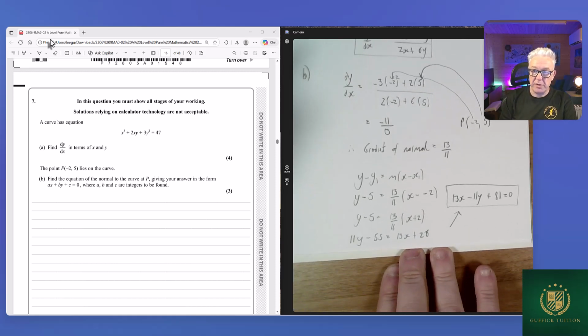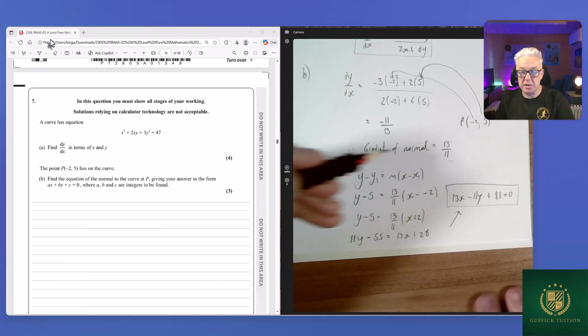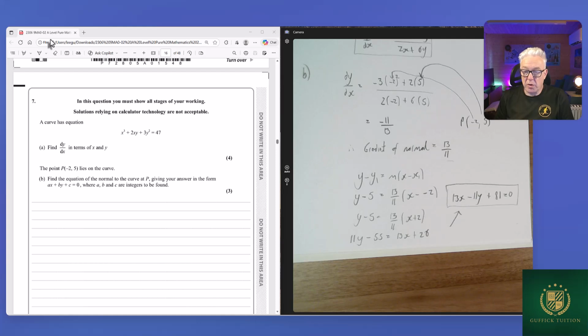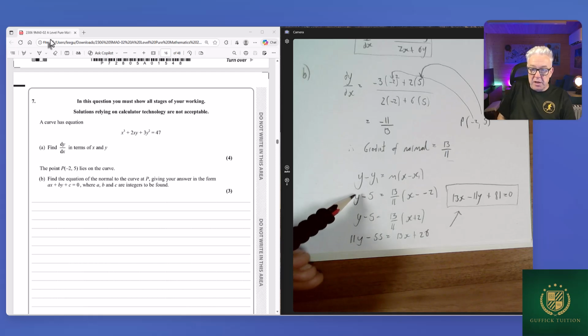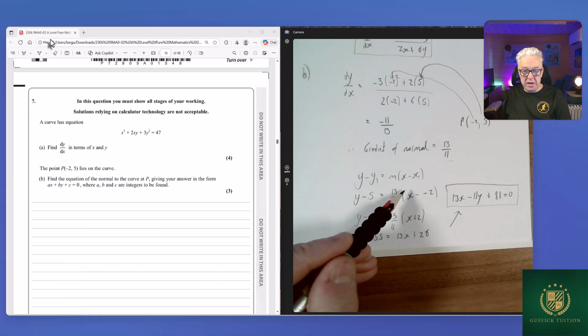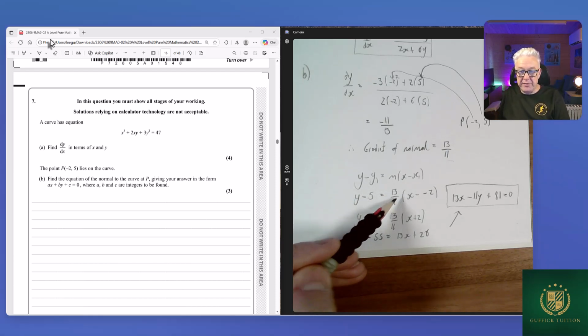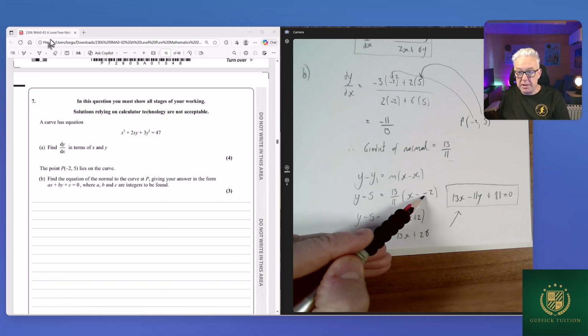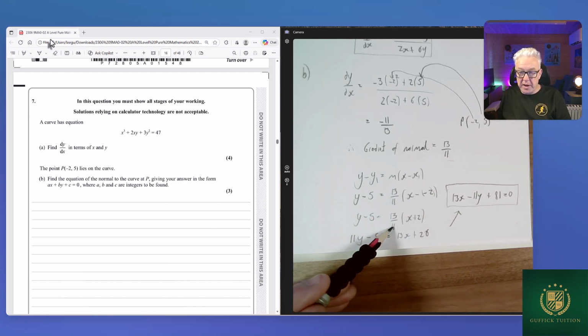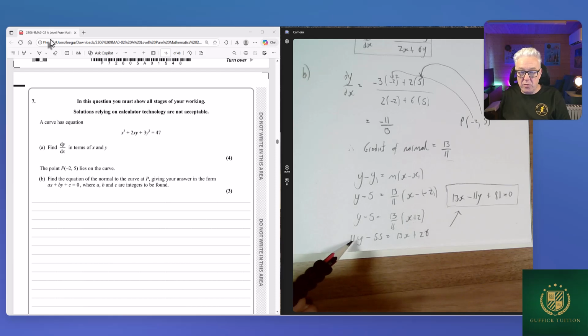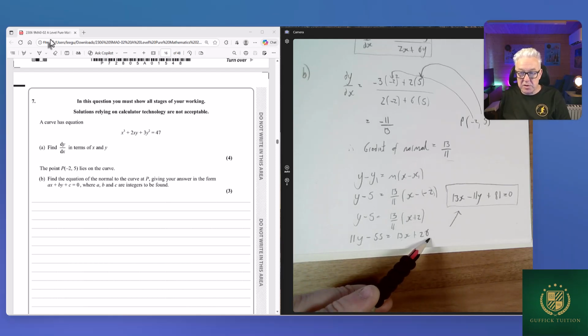Then we use the point and the gradient together with the y minus y1 equation to find the equation of the normal. So y minus 5 is equal to 13 over 11 times x minus minus 2, which goes to x plus 2. Then multiply everything by 11, so 11y minus 55 equals 13x plus 26.